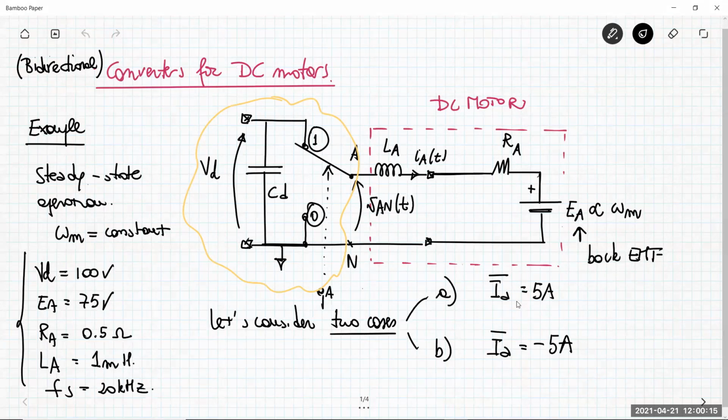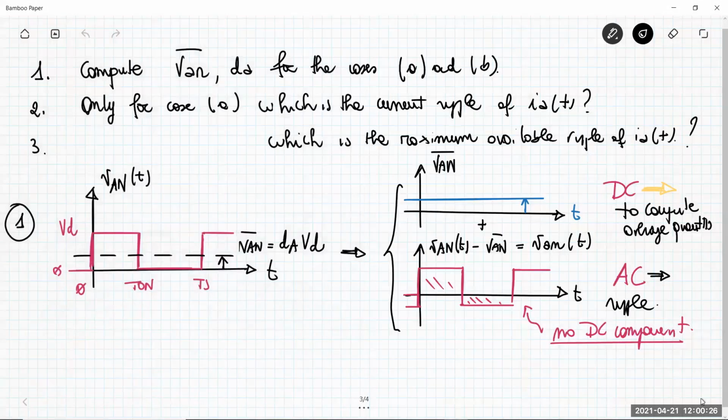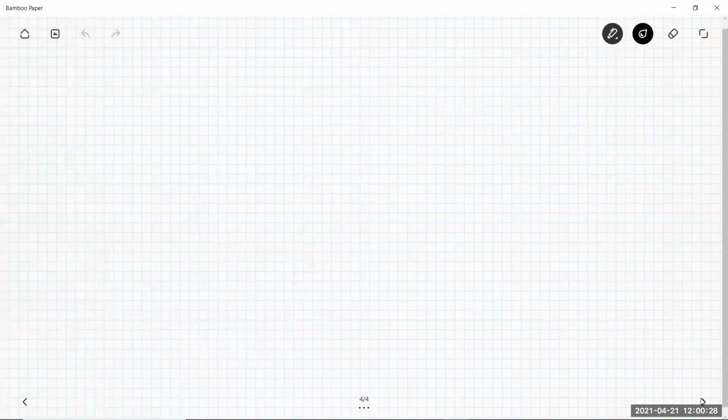How is it possible to have a current flowing which is negative? Because case B is for a negative current, so a current that flows entering the node A, not exiting. The direction of the current is negative. So let's consider a little bit the direction of the current.